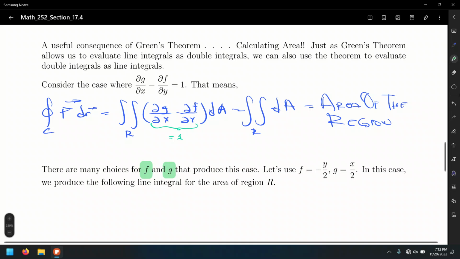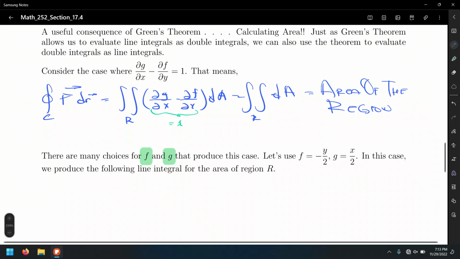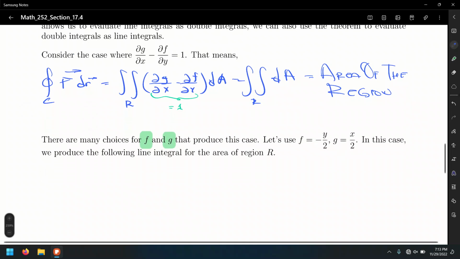Although there are many choices of functions, the easiest choices are to take f equal to -y/2 and g equal to x/2. If we take the partial of f with respect to y, that's -1/2. And if we take the partial of g with respect to x, that equals 1/2.